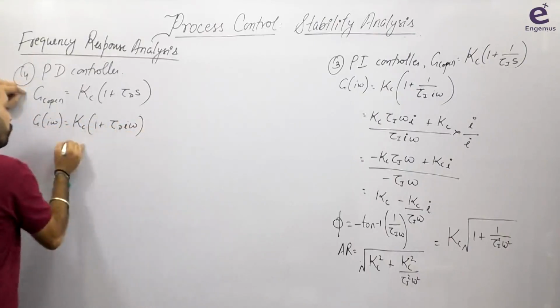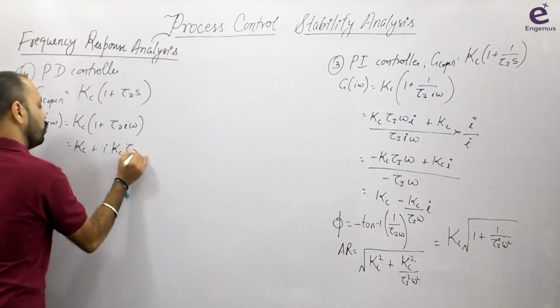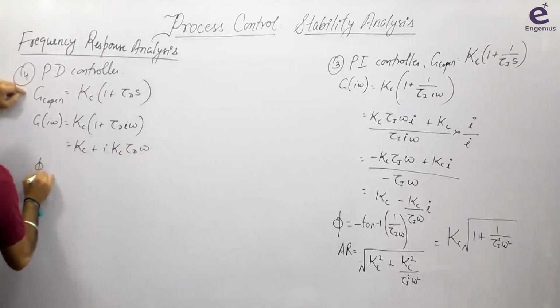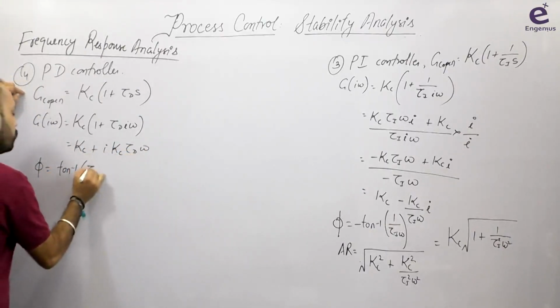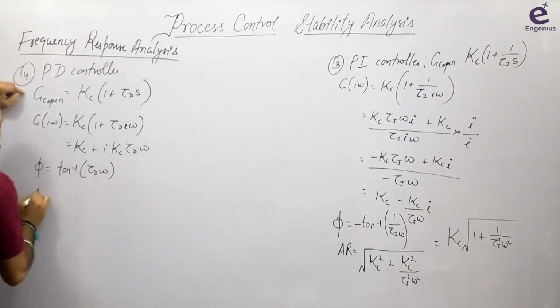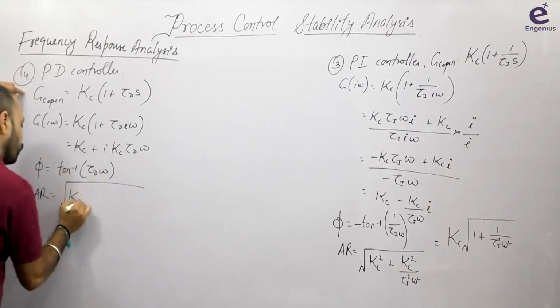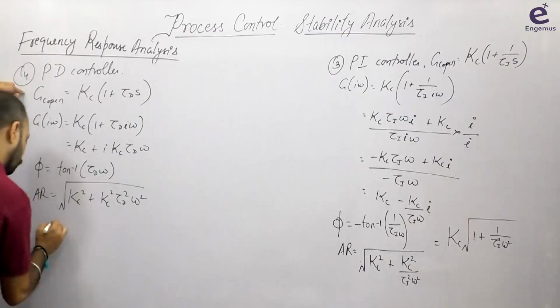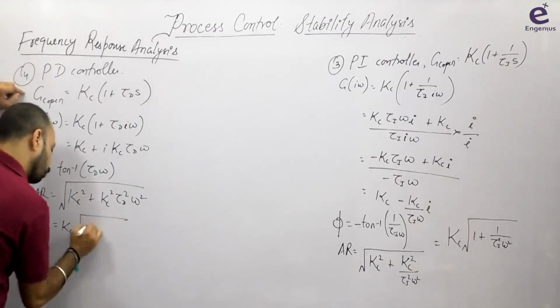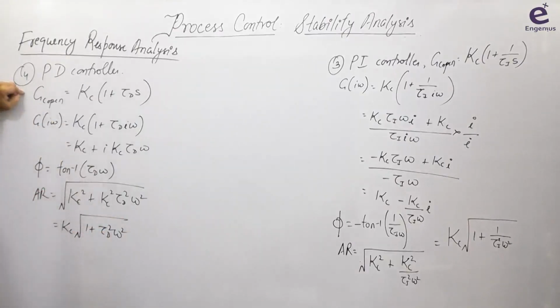Very simple to write in the form of real part plus imaginary part: Kc plus iota into Kc into tau d omega. Now it's very simple. What is phi? It is in the first quadrant, so phi will be equal to theta, and theta is tan inverse of modulus of imaginary by real, so that becomes tau d omega. What is AR? AR is equal to modulus. Modulus is equal to square root of Kc square plus Kc square tau d square omega square. So that becomes Kc into root of 1 plus tau d square omega square. Done.